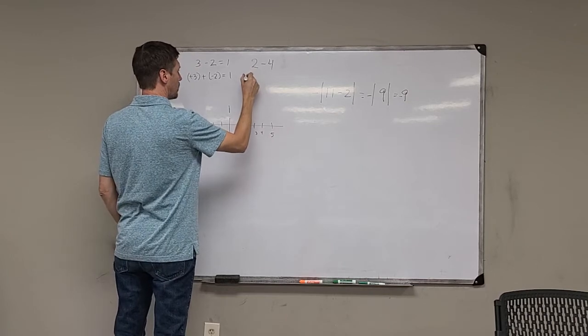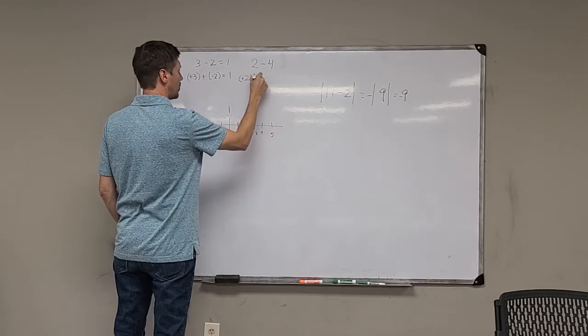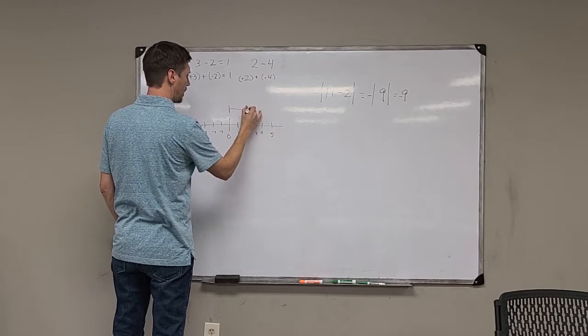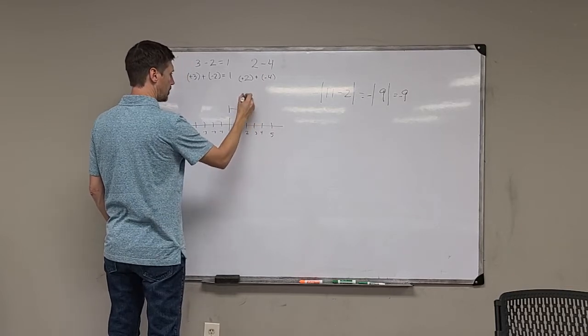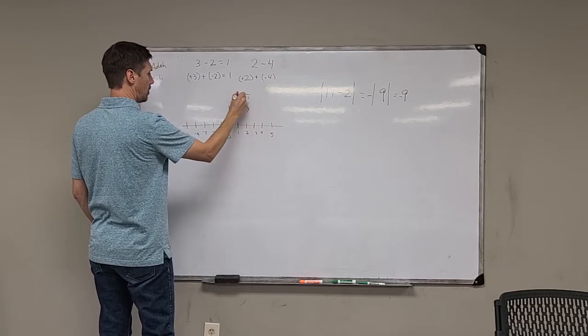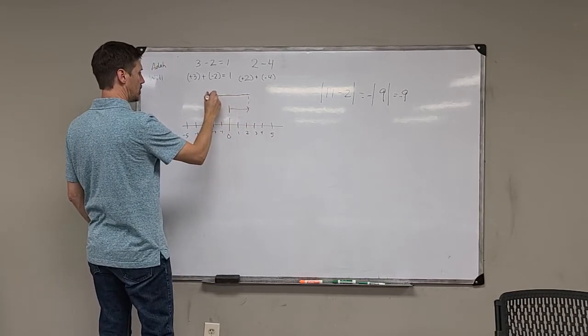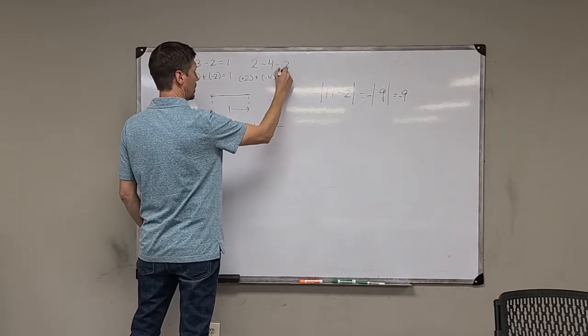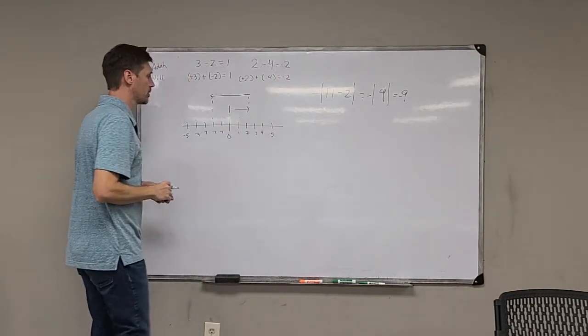Same kind of thing, right? We've got a positive 2 plus a negative 4. We've got the positive 2 there, and we add to that 4 in the negative direction. So we go back this way and we end up at negative 2. That's going to give us a negative 2 for both of those.